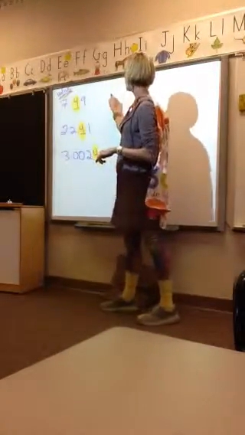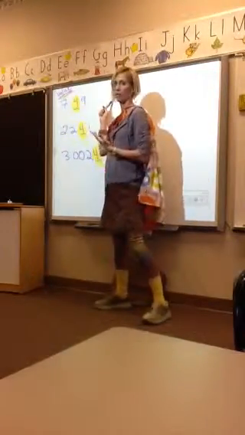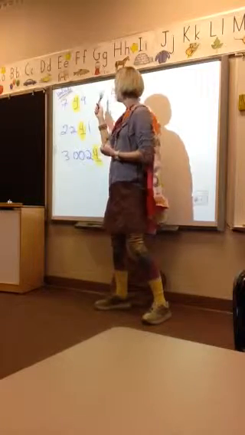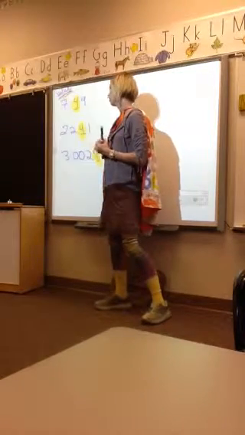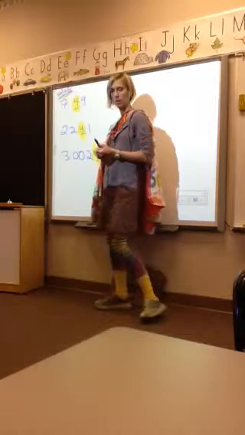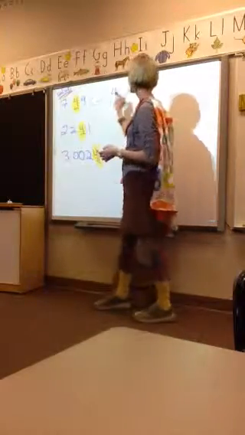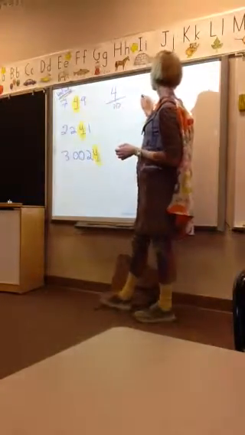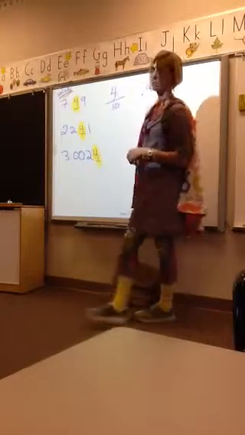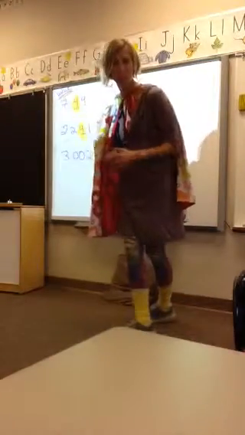In this case, the 4 does not represent 4. It doesn't represent 4 ones. It is behind the decimal, to the right of the decimal. And that is worth 4 tenths, or 0.4. And if I think in money, that's 40 cents.